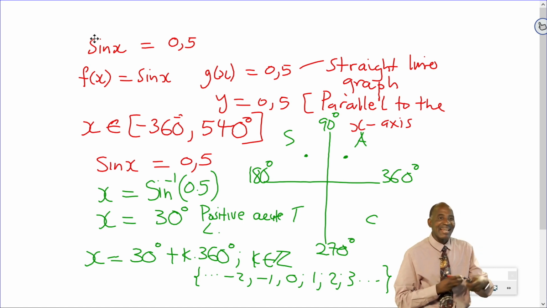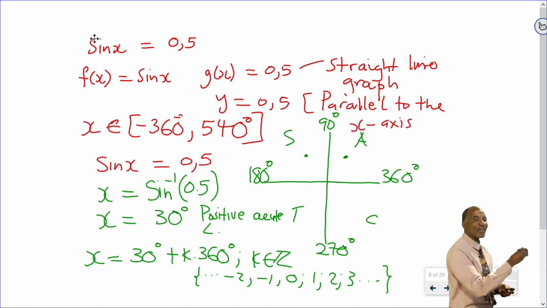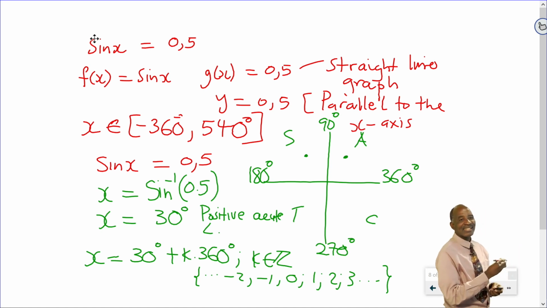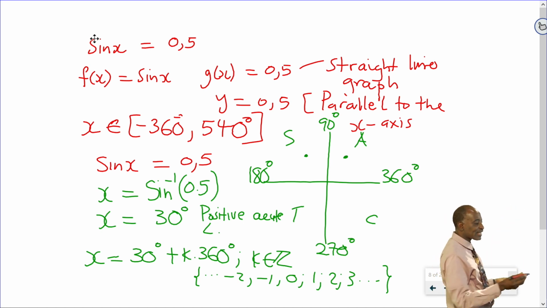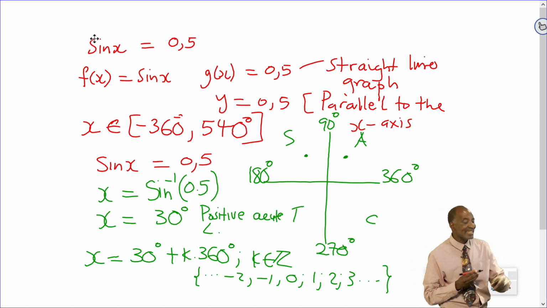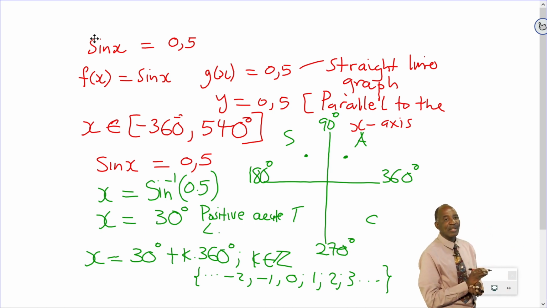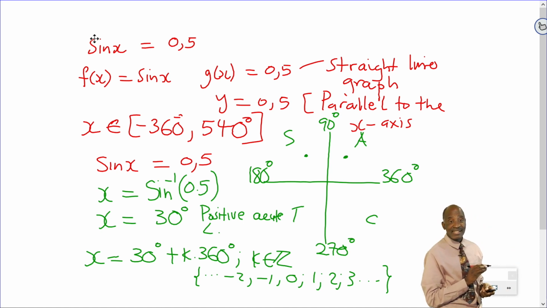When we say K element of integers, it means you'll be replacing your K to find multiples of 360 as you move forward to generate more angles that make the statement true, or move backwards using the negative ones. For instance, when K is negative 1, you say negative 1 times 360, you get negative 360.